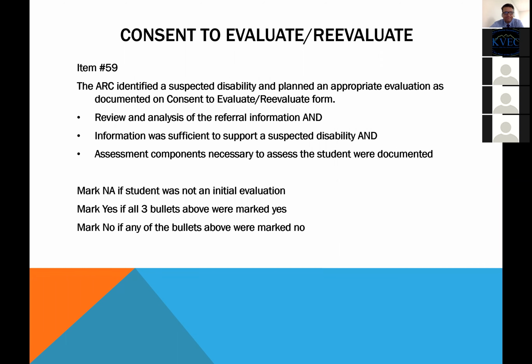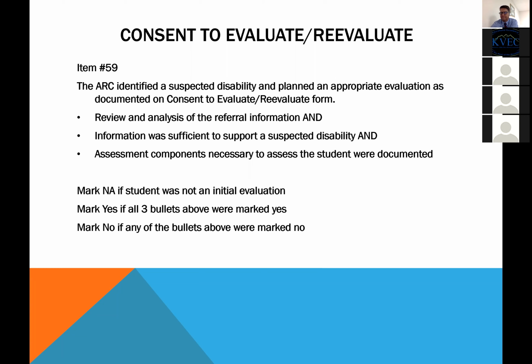On 59, this is that consent to evaluate, reevaluate. The ARC identified a suspected disability and planned an appropriate evaluation as documented on the consent to evaluate or the reevaluation form. Review analysis of the referral information and information was sufficient to support a suspected disability, and assessment components necessary to assess the student were documented.